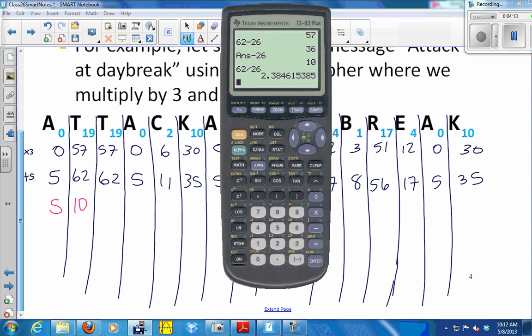I want to know the remainder. Calculator can't tell you that. So all my calculator tells me is that 26 goes into 62 2 whole times, and there's some left over. To figure out how much is left over, I'm going to say, well, 2 times 26, going backwards, because I know 26 goes in twice, so 2 26s is 52, and 62 minus 52 is 10. That's my remainder is 10.